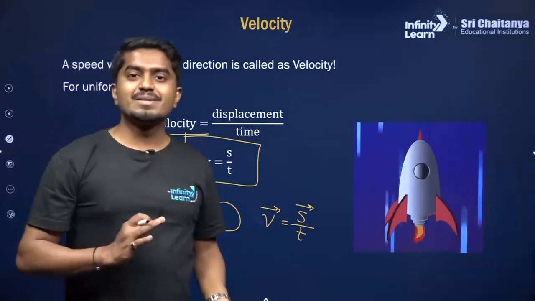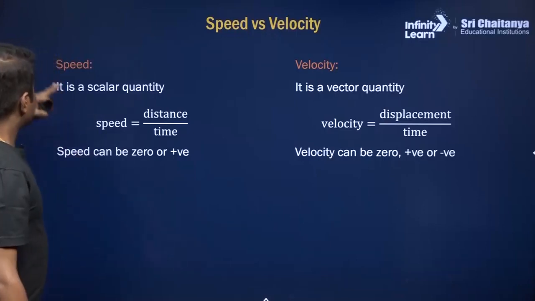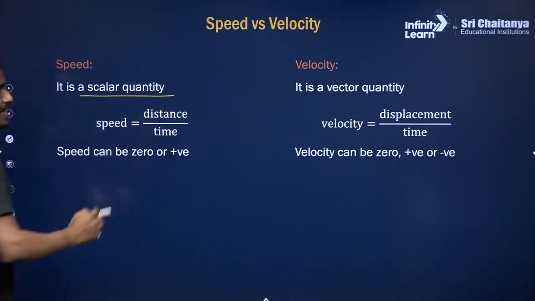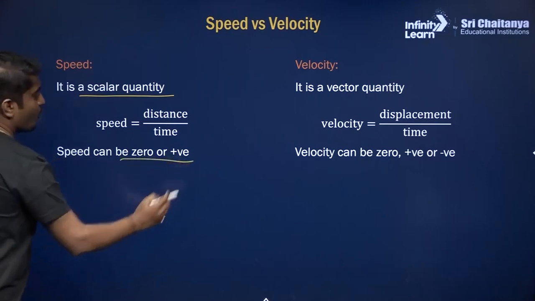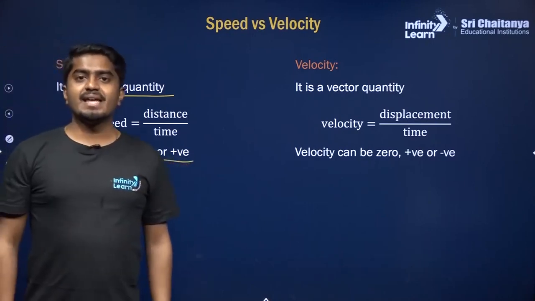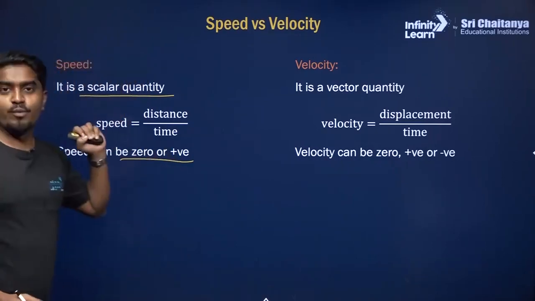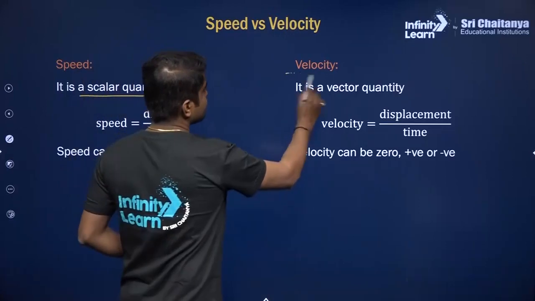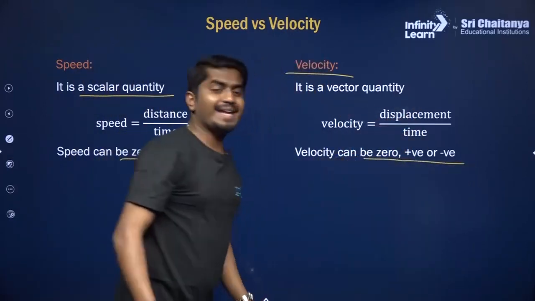So these are the differences between speed and velocity. Speed is a scalar quantity. It has only magnitude. It can be 0 or positive. If I am standing here, I am not moving, that means the speed is going to be 0. But velocity is displacement by time. It can be 0, positive and negative.